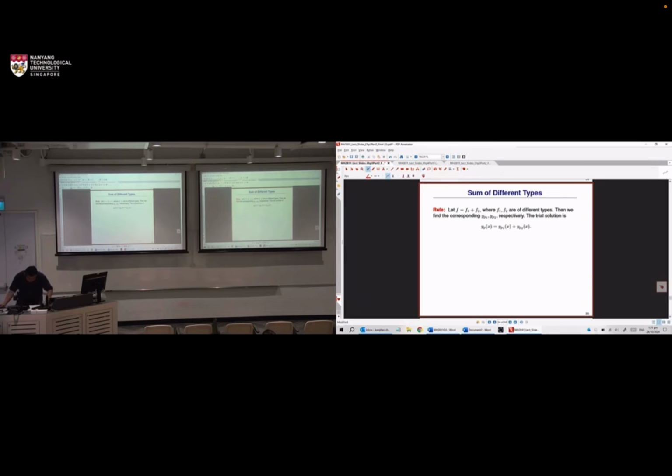Some of different type. This is just a disclaimer page that the question can be made much more complicated. But you don't have to worry, you already have all the technique and theory. So you can have this case: f equal to 1 plus sine x, for example.